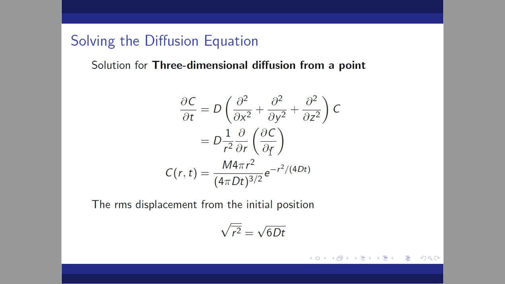Solving this, for the root mean square displacement, we are going to have r squared equal to 6Dt, the displacement of the molecule movement, the movement of the molecule from the initial position to the final position. So how far it is from the initial position.